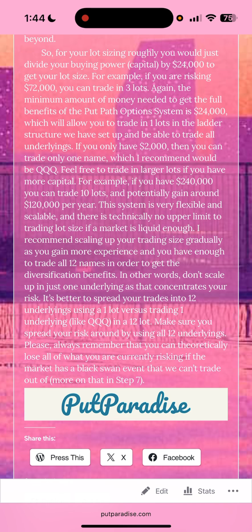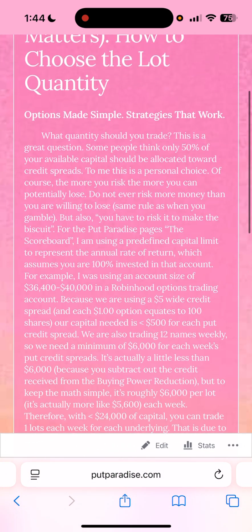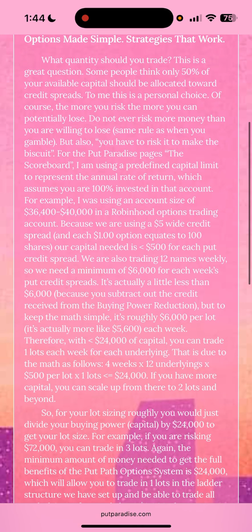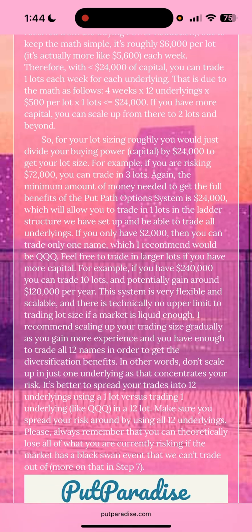But to wrap up today, what we want to focus on is making your capital efficient for you, depending on your risk level. If you're okay with going all in and putting your capital to work in these options accounts, then you want to be 100% invested in that account.